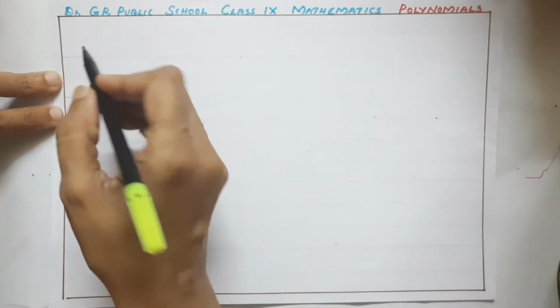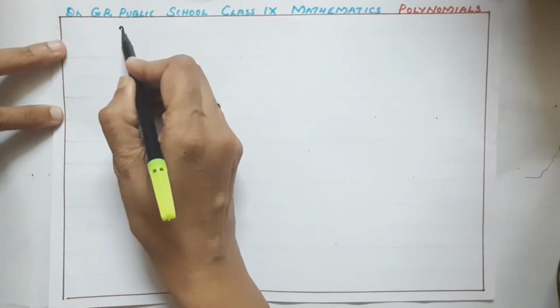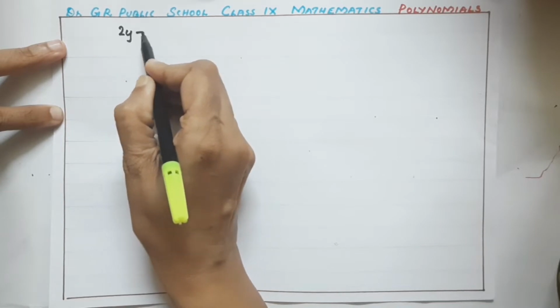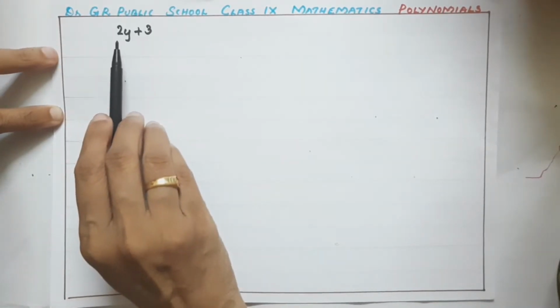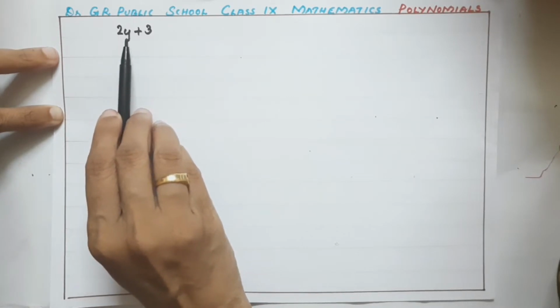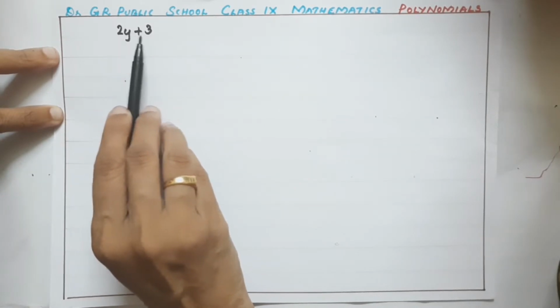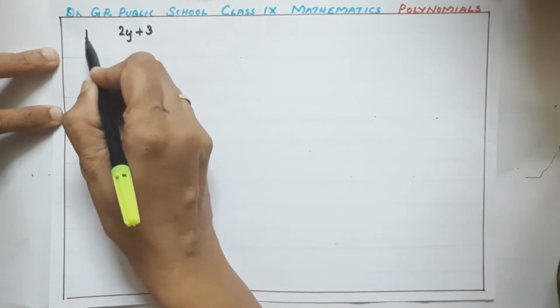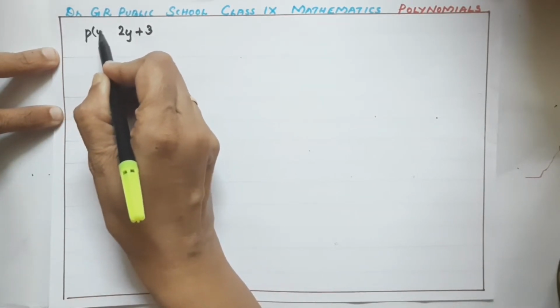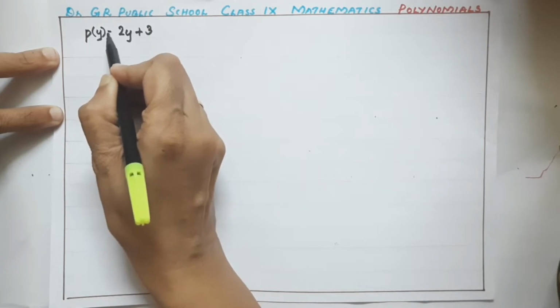Consider the polynomial 2y plus 3. So this is a polynomial in variable y. How can we denote this polynomial? We can denote this as a polynomial of y, isn't it?